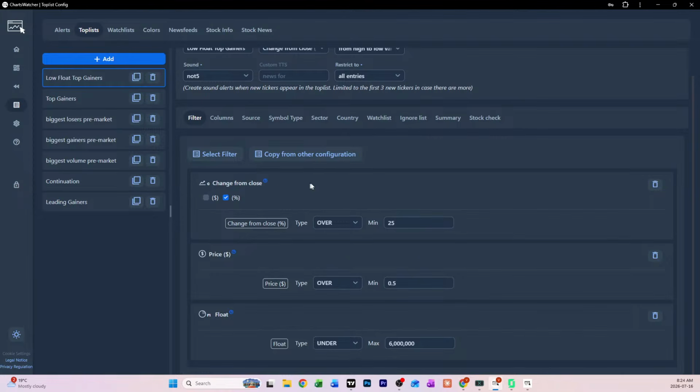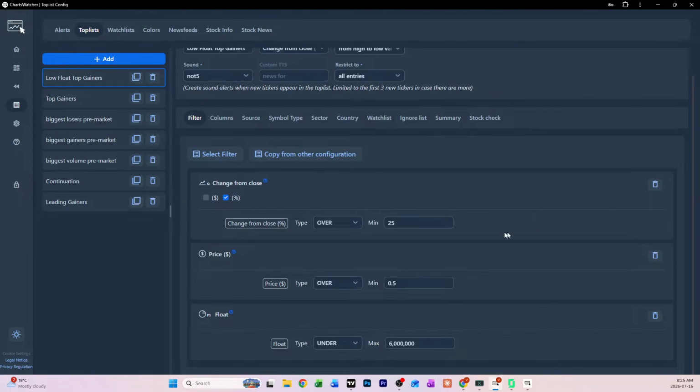This is going to be different on the actual top gainer scanner, because the top gainer scanner works a bit differently for my trading workflow, in the sense that I want to be seeing everything so that I can get context. But for the low float top gainer scanner, this is kind of like, is this in the range that I like to trade kind of thing.